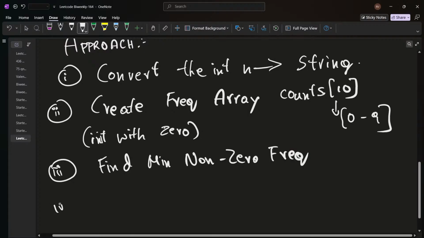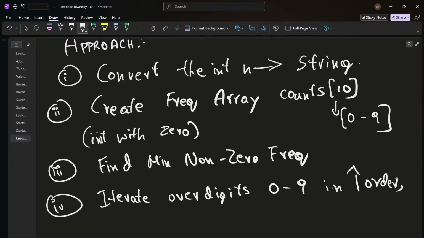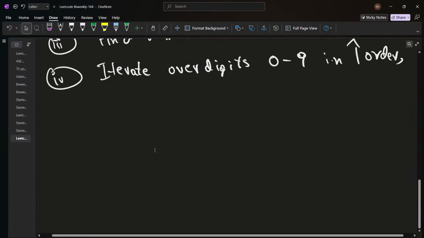And now finally, we'll iterate over digits 0 to 9 in increasing order. And what we'll do after this?